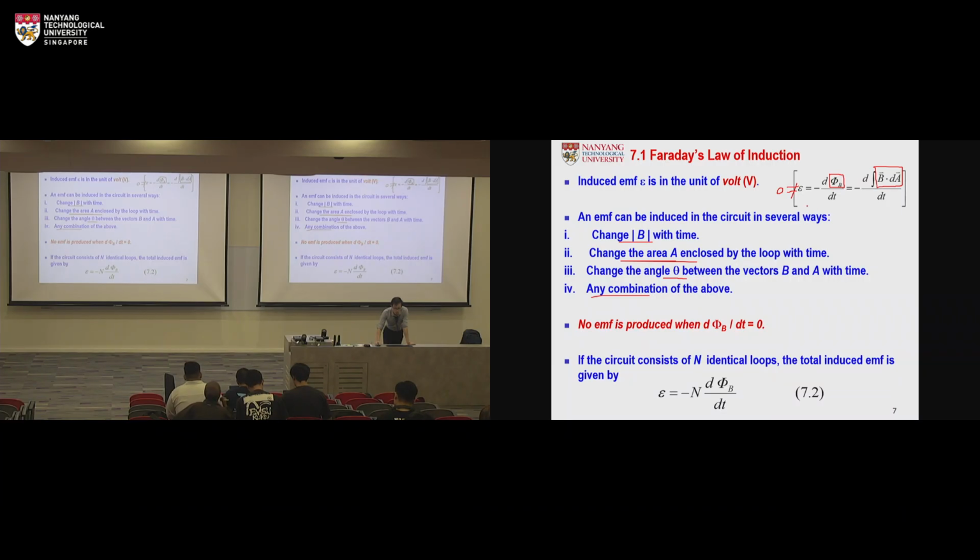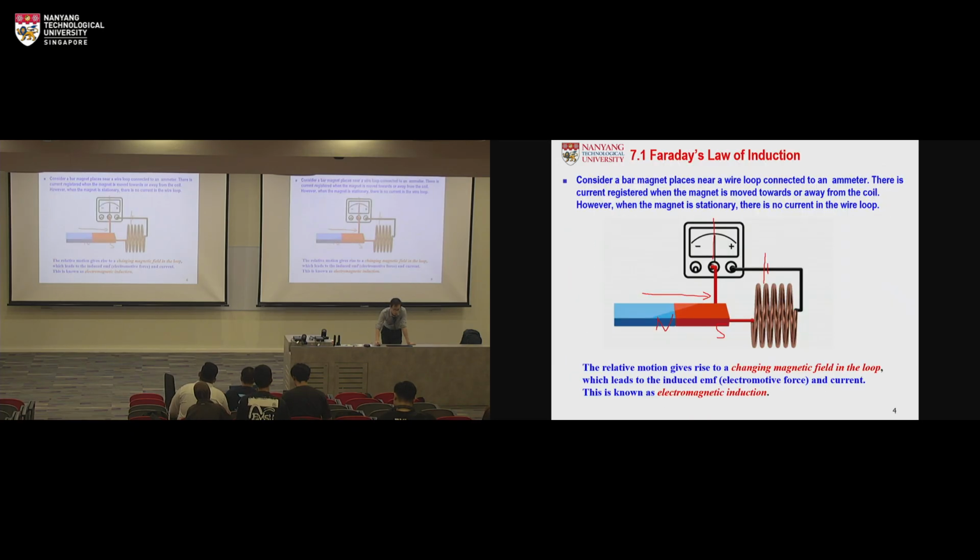And this is the case. This is a simple formula, typically when you only have one loop. And if you have multiple loops, especially if you have n identical loops, the total EMF is going to be multiplied by a factor of n. That is to say, with n identical loops, if you look at this coil, basically you have 1, 2, 3, 4, 5, and if you count this one, in total 6 loops.